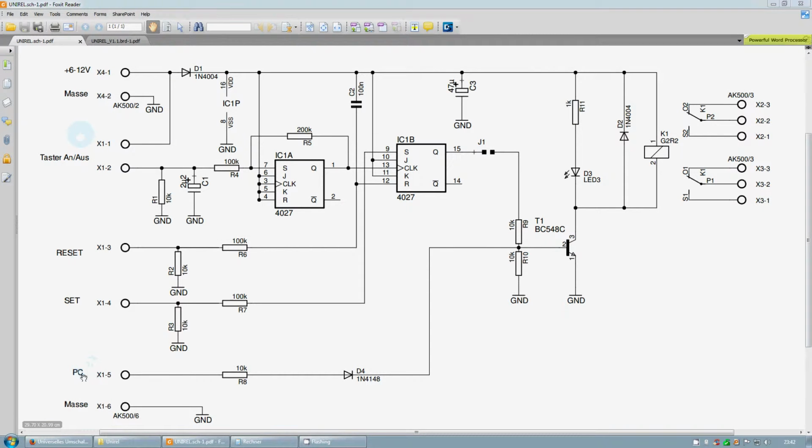So we've mentioned a few times that the PC direct control input can only, with a positive signal being present here, do anything. It overrides whatever the output of the flip-flop will be, and will always switch transistor T1 on and will always engage the relay. But it cannot do the other way, and if you want to reverse that, well, there's a simple solution.